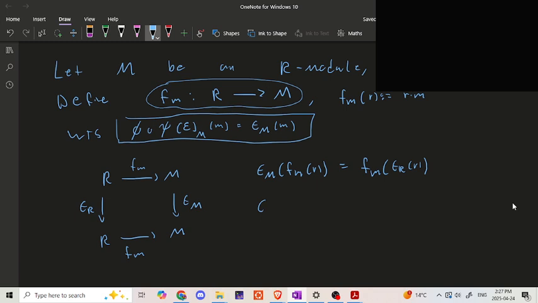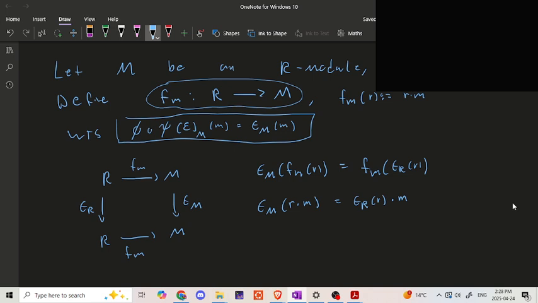Okay, so what is this? This is going to be epsilon_M at r dot m. And over here, I'm going to have epsilon_R at r dot m. Okay. And how does that help me?